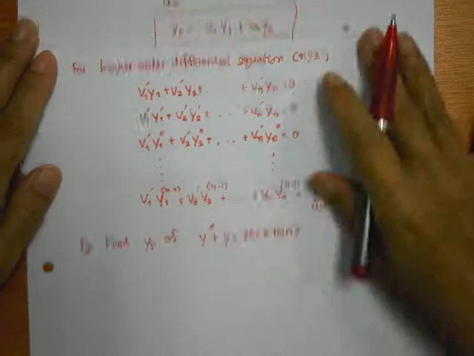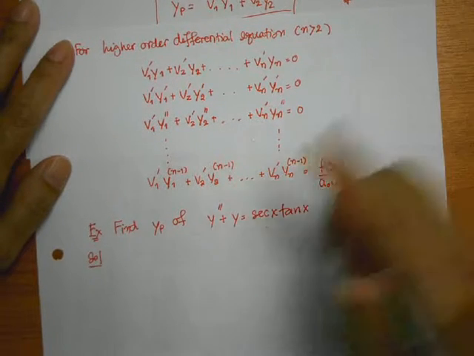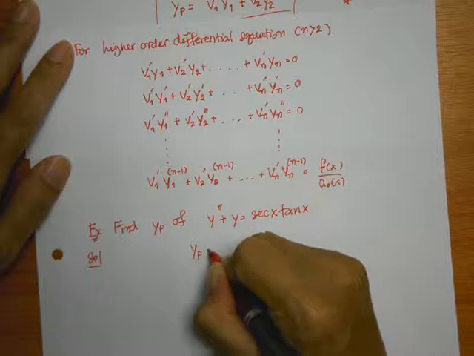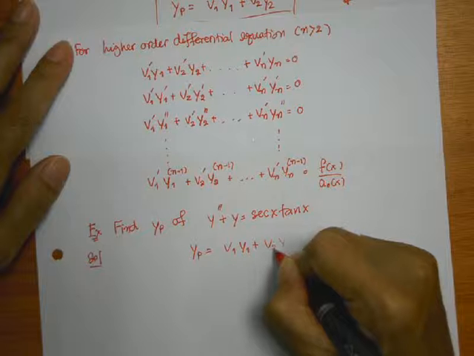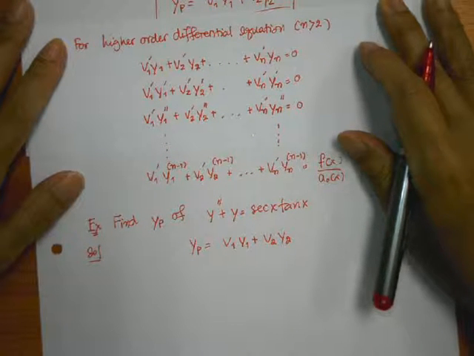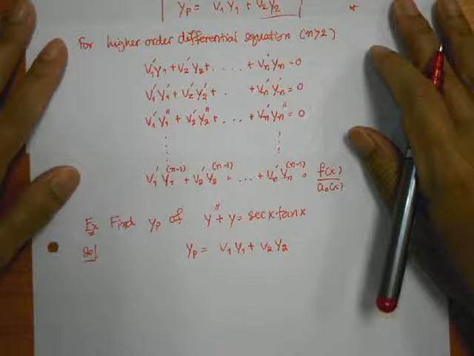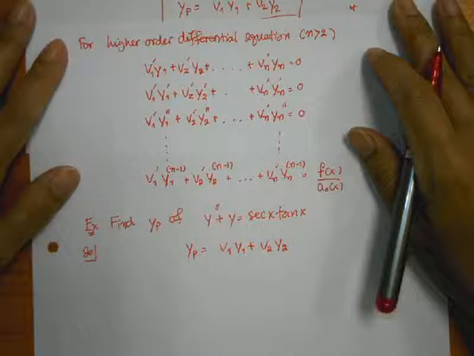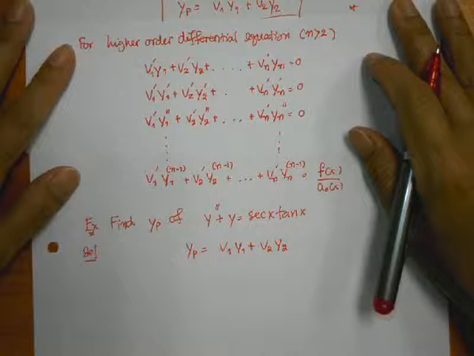From that, it says you have to assume yp is equal to v1 y1 plus v2 y2. So v1, and y1 and y2 are functions from your yc. That means you have to know your yc first, right?